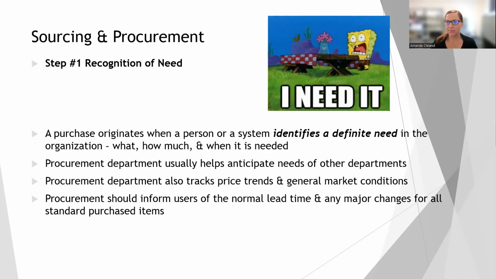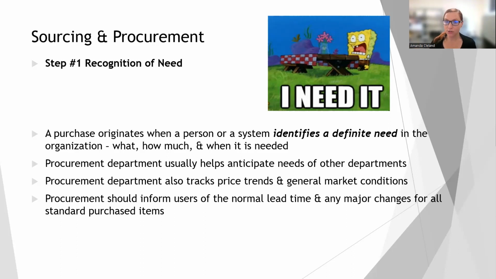A lot of times the procurement department is going to help anticipate the needs of other departments. They may have statistics and historical data, and they're going to try to figure out what these businesses need. The procurement department also tracks price trends and general market conditions, so they're aware of what's going on with the suppliers and with product availability.